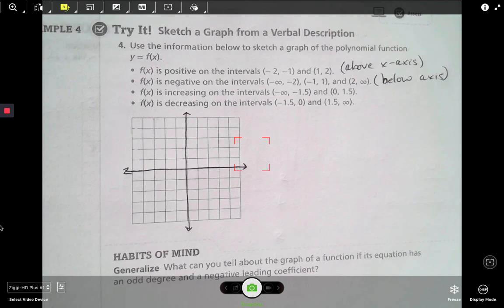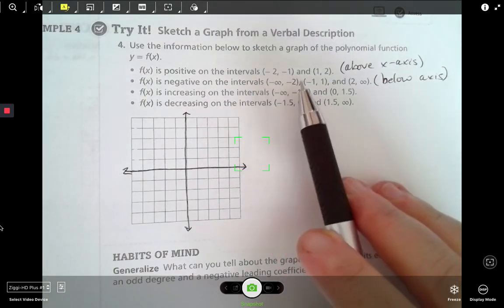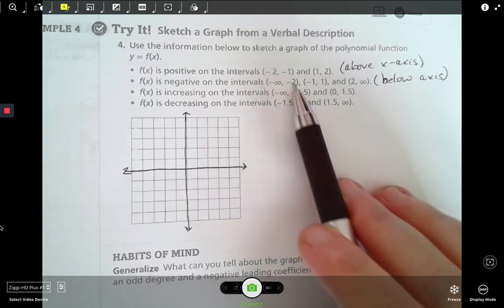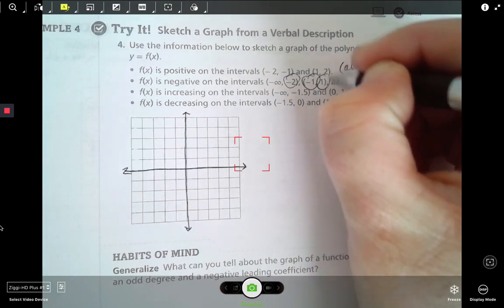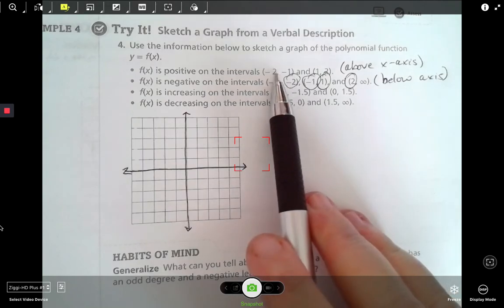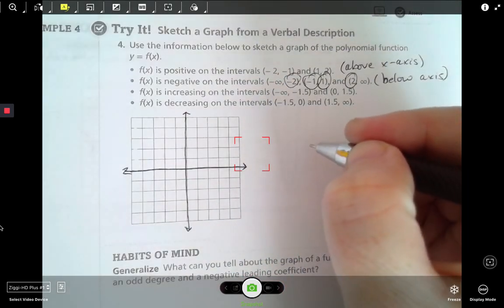That's where the function values go from positive to negative. So let's look at where these function values go from positive to negative. We're positive at negative 2 or negative 1, but do you see how it changes right there? So negative 2, negative 1, 1, and 2 are all where it changes from positive to negative. You could have got that from above as well. So that means I have 4 x-intercepts.